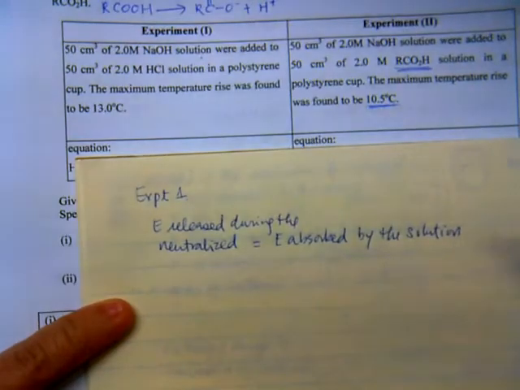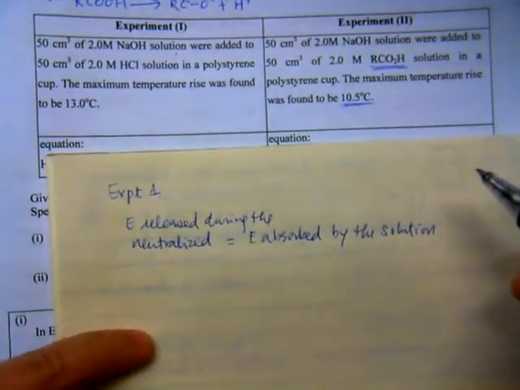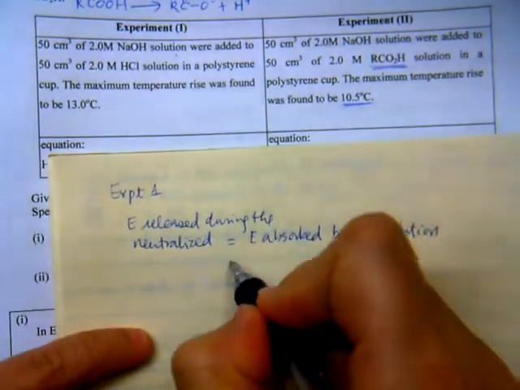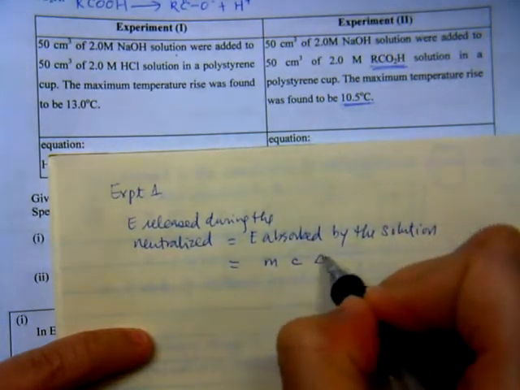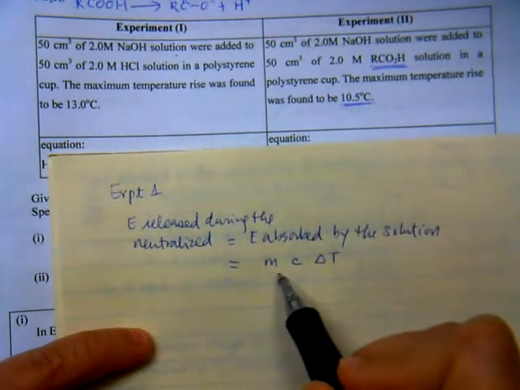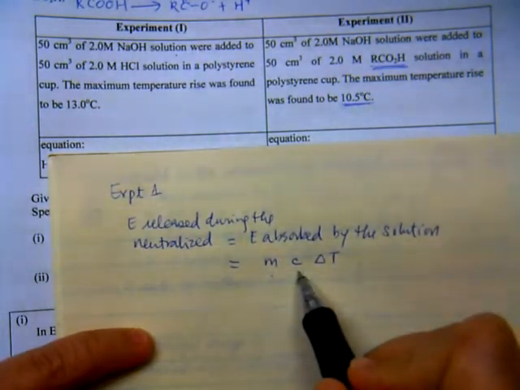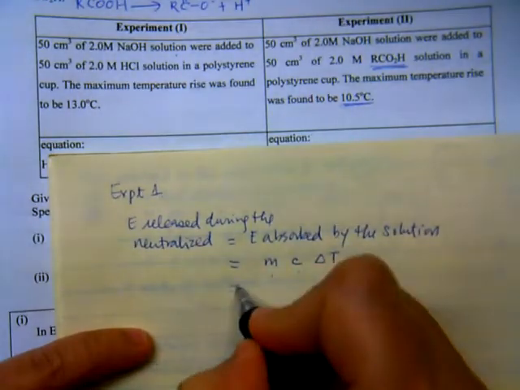Of course, we need to neglect heat loss to the surrounding. Assume there is no heat loss to the surrounding, okay? And by using this equation, mcΔT, I must emphasize it is the mass of the solution, the specific heat capacity of the solution, and the ΔT of the solution.